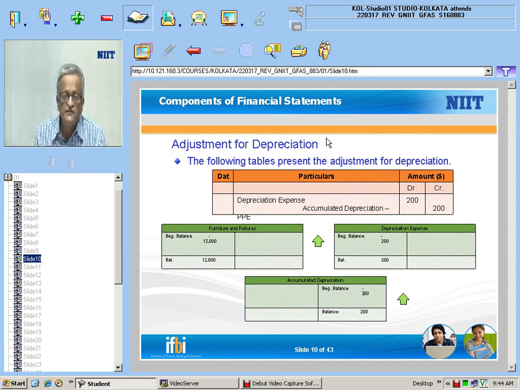It is an asset account, but it is an asset account with a credit balance. Normally, all asset accounts have got a debit balance, but this is an asset account with a credit balance. Hence, it is called a contra asset account. And if you want to find out what is the value of an asset, we have to reduce the accumulated depreciation from the asset amount to find out what is the value as on today's date. Depreciated value.